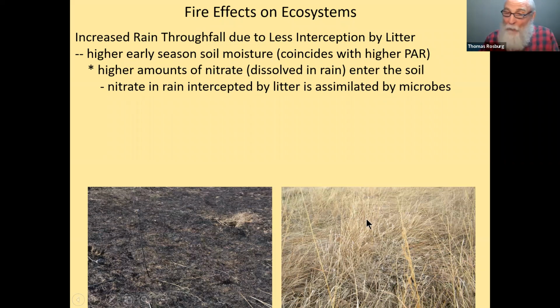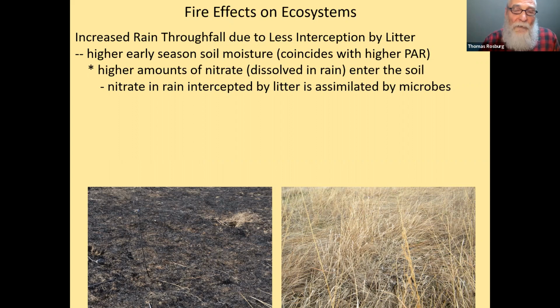Not all of that water is going to go to the soil here. This litter is going to intercept a lot of that rain, and it's going to get soaked up. I mean, that litter is going to soak up water. Any water that litter soaks up is never going to get to the soil because it gets soaked up by the dead biomass, by the litter, and then the only way it leaves that is through evaporation.